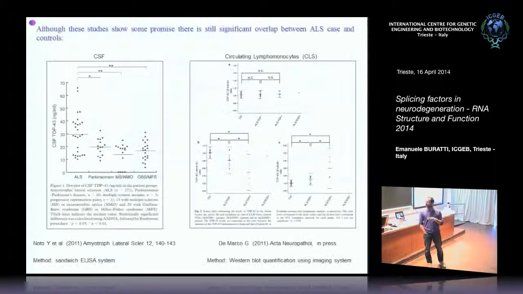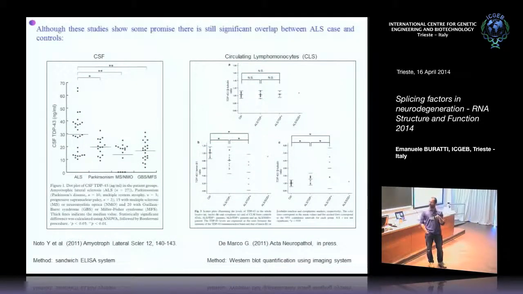And nothing much has been really solved until now, although there is some preliminary evidence that indeed, if you look at people, for example, who have ALS, and you compare them with people who have other kinds of neurodegenerative diseases, then the level of Tdp-43 present in the cerebrospinal fluid is rather increased with respect to the other neurodegenerative diseases.